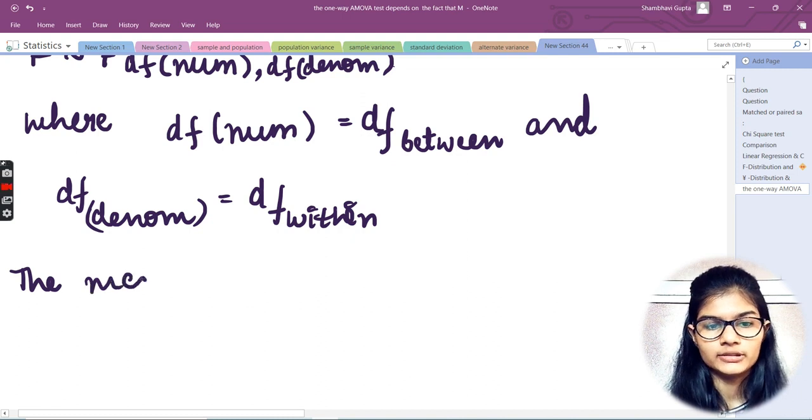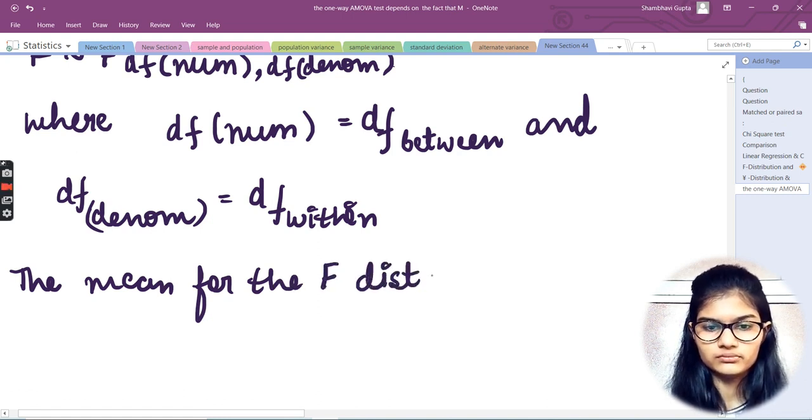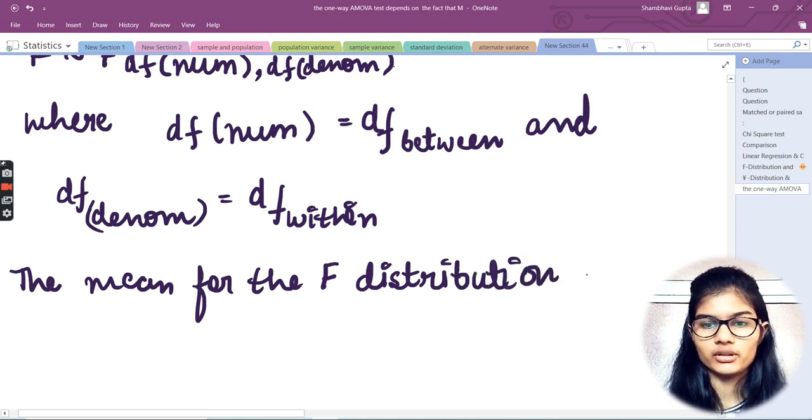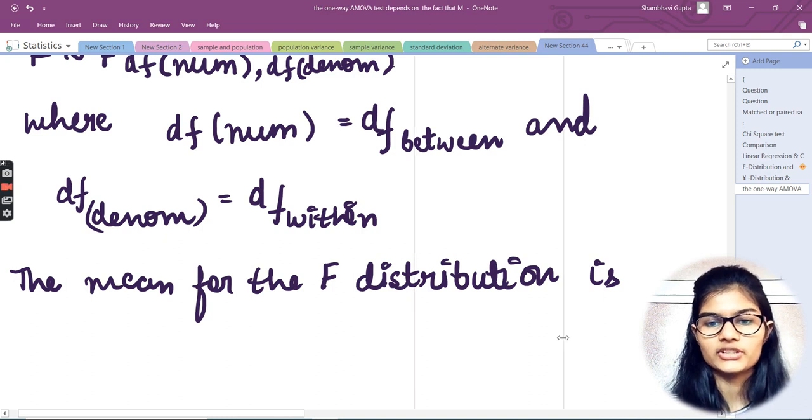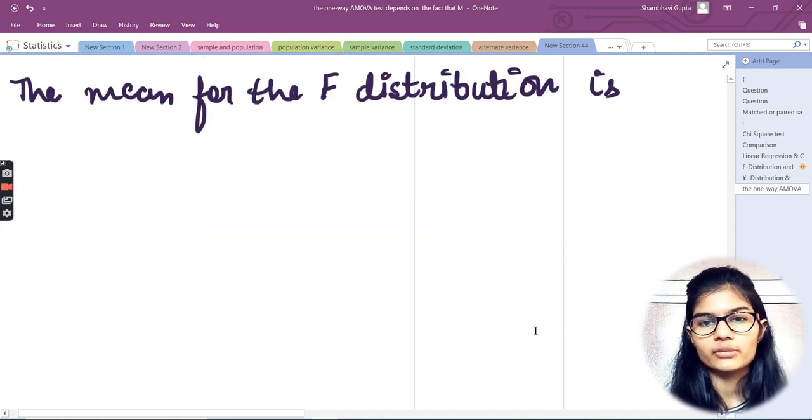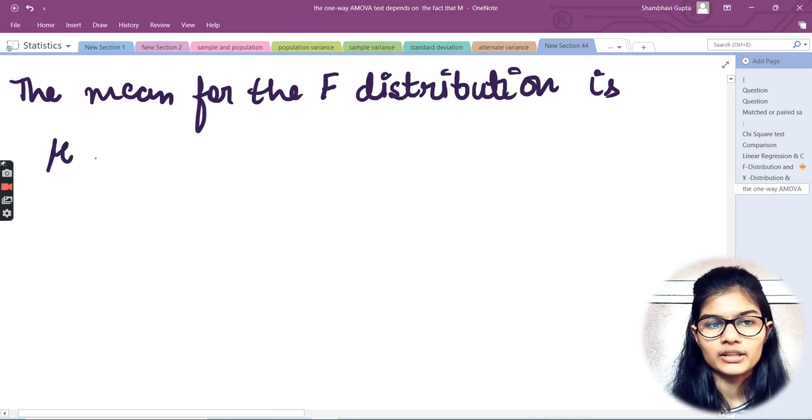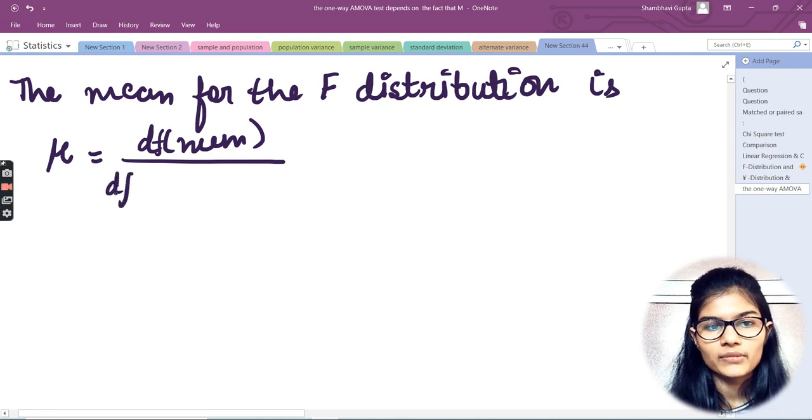Now next we have the mean for the F distribution. The mean is mu equal to df numerator divided by df denominator minus 1.